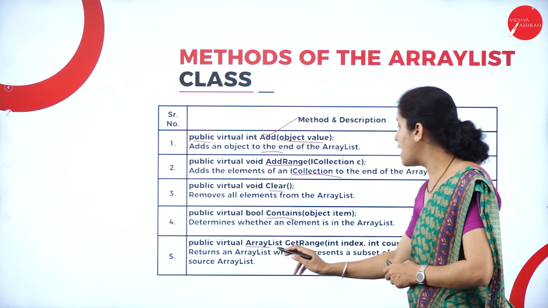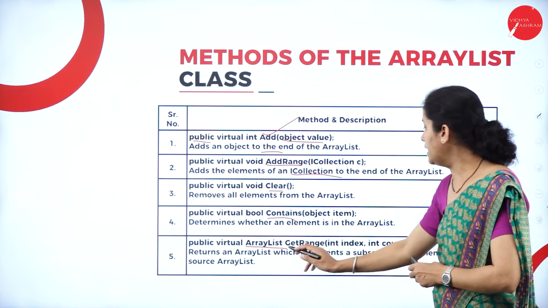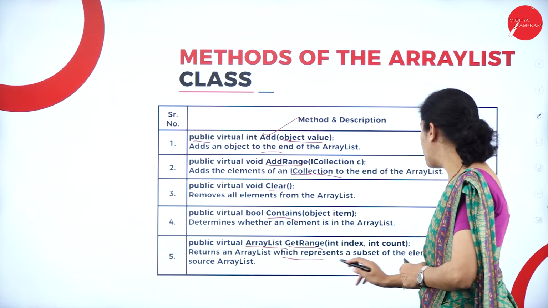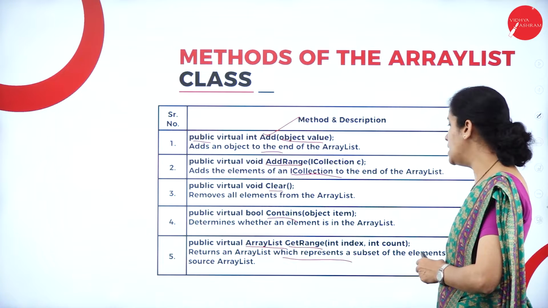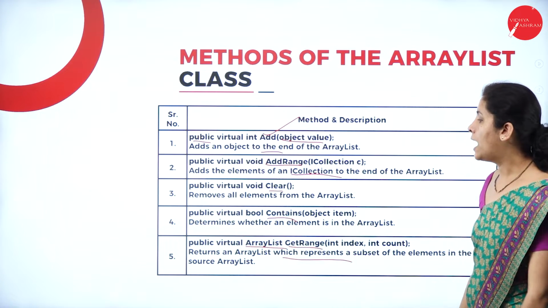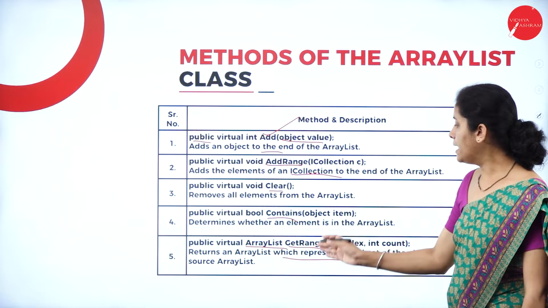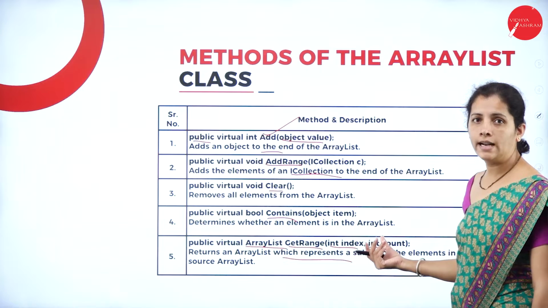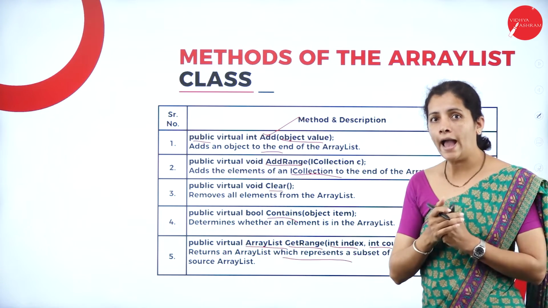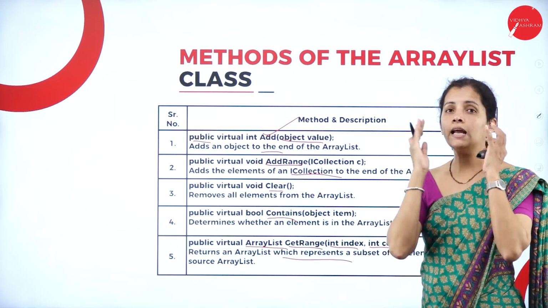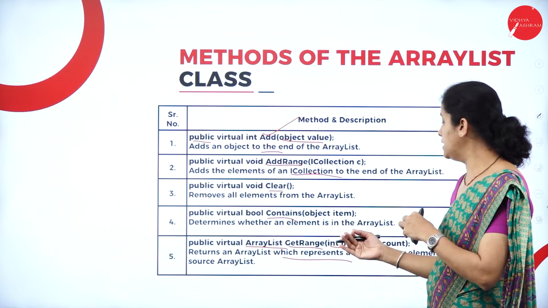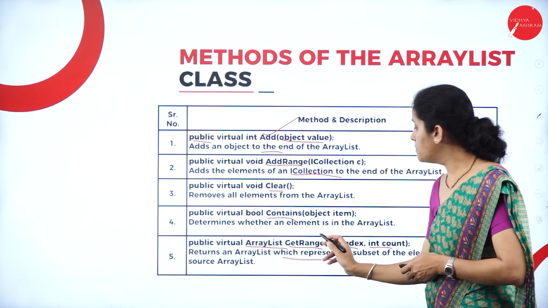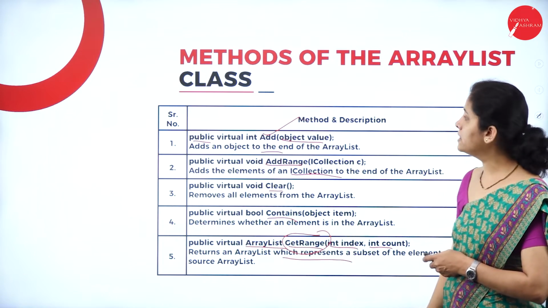Then I have ArrayList GetRange. It returns an array list which represents a subset of the elements in the source array list. So for GetRange, I have int index and int count. That means, think that I have an array list. In that array list, I can get a subset of the array, and that can be done by using the GetRange method.